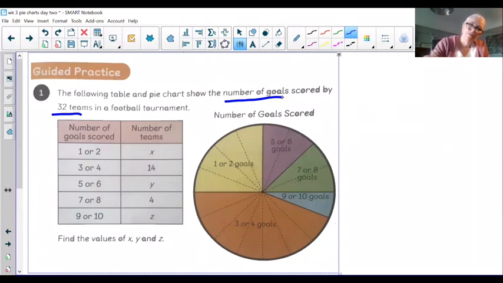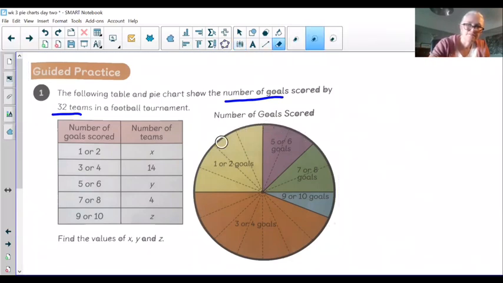If we look at the pie chart, you can see that you've got 1 or 2 goals, 5 or 6 goals, 7 or 8, 9 or 10, and 3 and 4, which was the biggest section. And if we look down at the table here, it says 1 or 2. How many teams scored that?